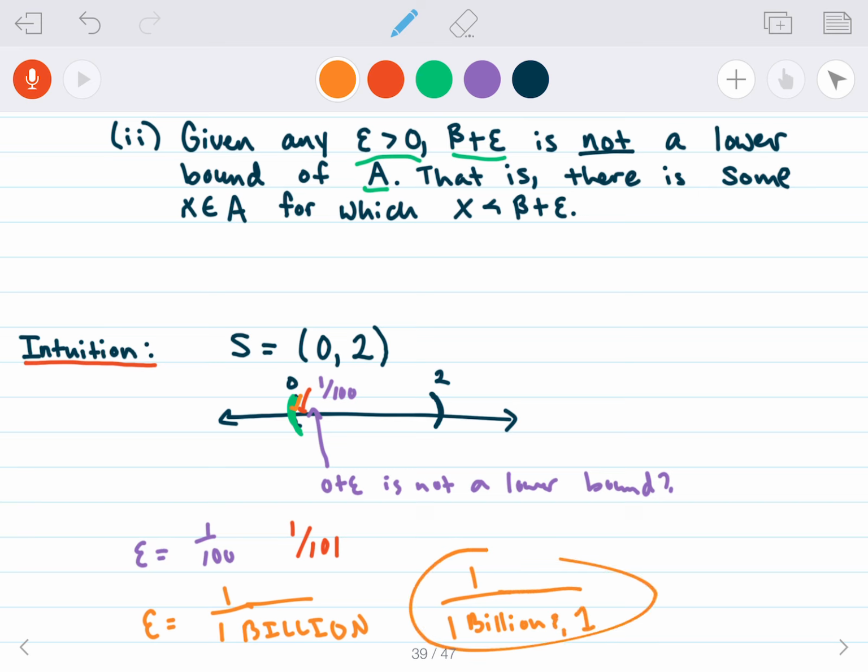Okay, we can continue this game forever and ever. And like I said, we're going to make this rigorous using the Archimedean property, but that's the intuitive idea here, is what these two statements are saying.